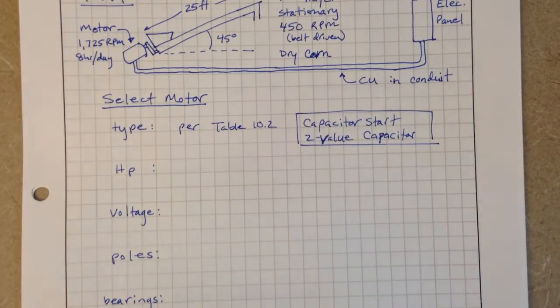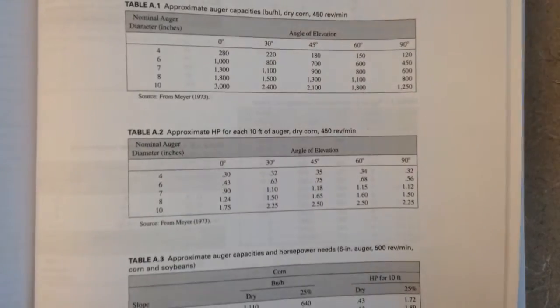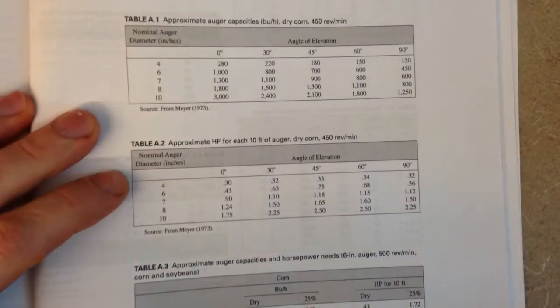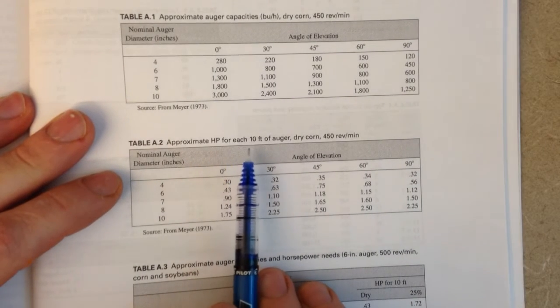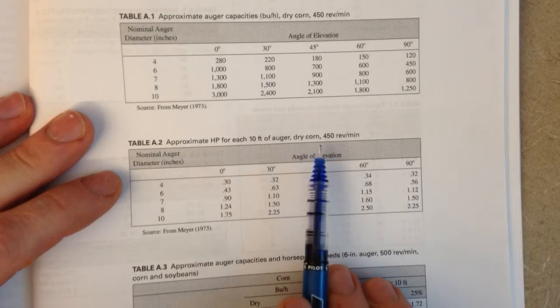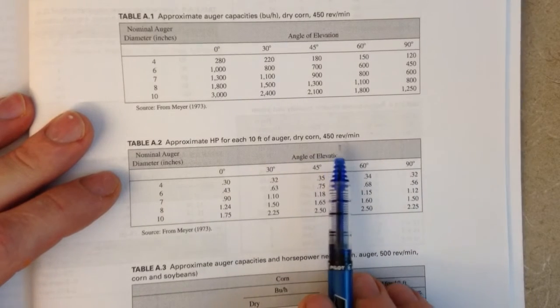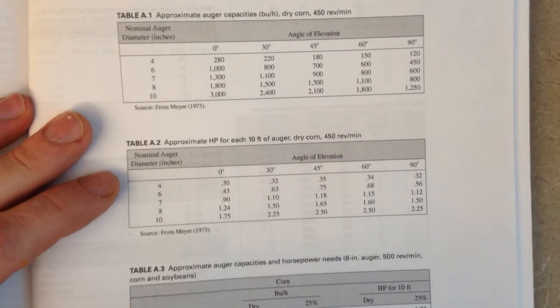But for an auger application, there are some very nice appendices in the back of our book, especially Appendix A. Table A.2 gives approximate horsepower for each 10 feet of auger using dry corn and 450 revolutions per minute.